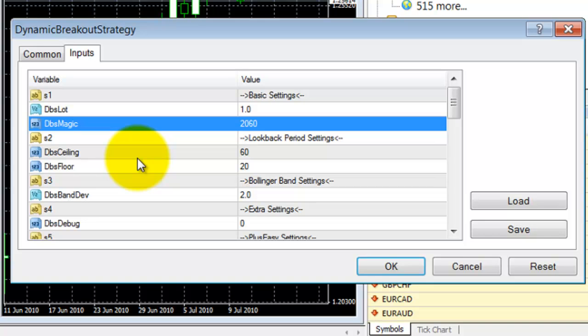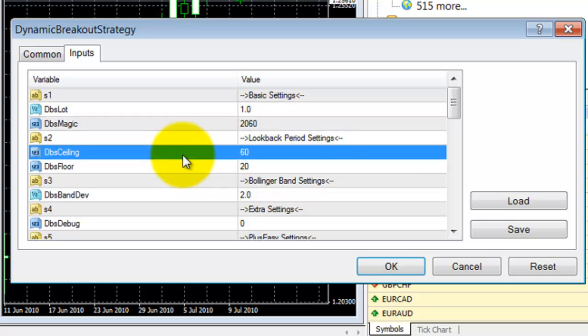The magic number uniquely identifies this particular instance of the EA, which is 2060 by default. The ceiling parameter determines the highest value for N, or the look back period, which is 60.